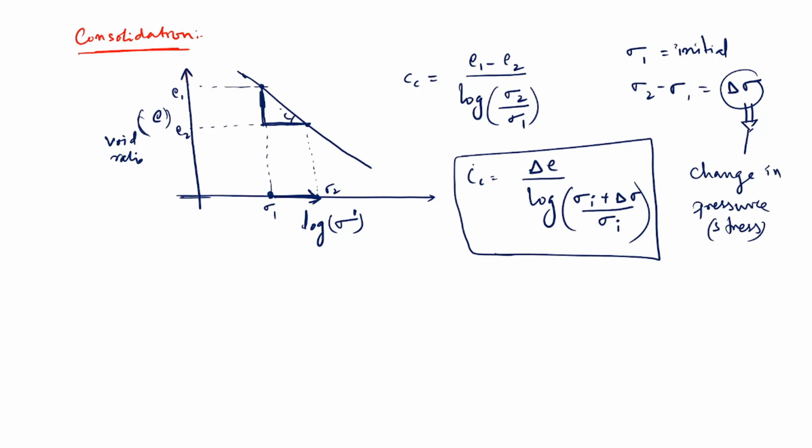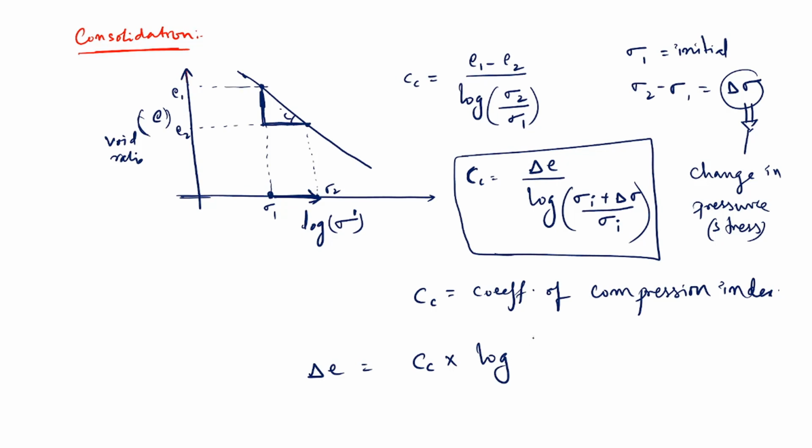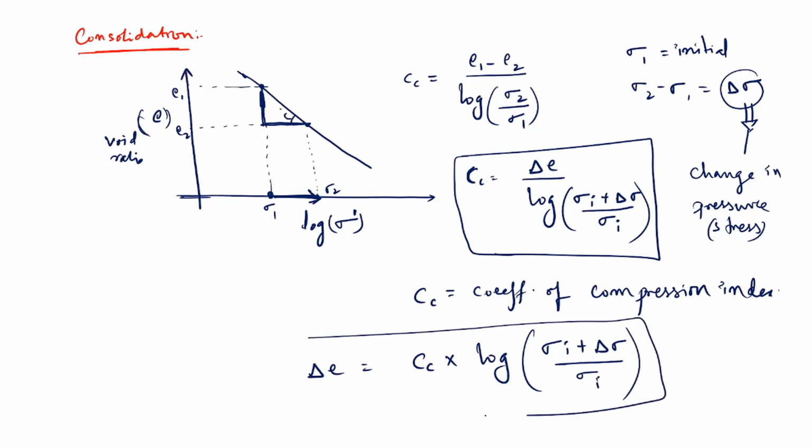The slope of this line is called the coefficient of compression index. Now from this I can write delta e as Cc multiplied by log of sigma initial plus the change in stress divided by initial.